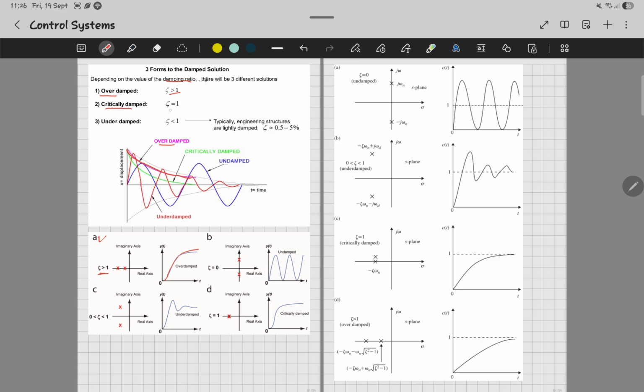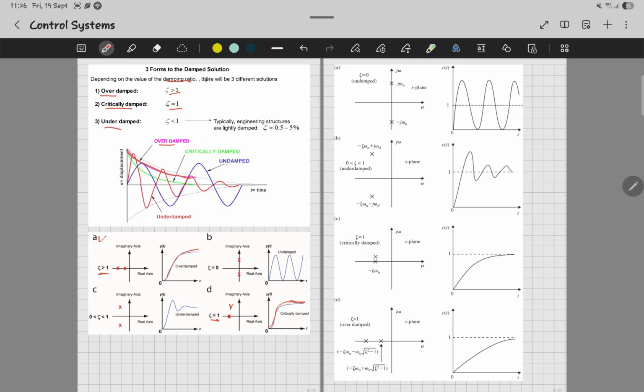Now critically damped, it's when the damping ratio is equal to 1. So where's the critical? Where the damping ratio equals 1, you can see the pole representation on this side. So you will get this graph of your system response.